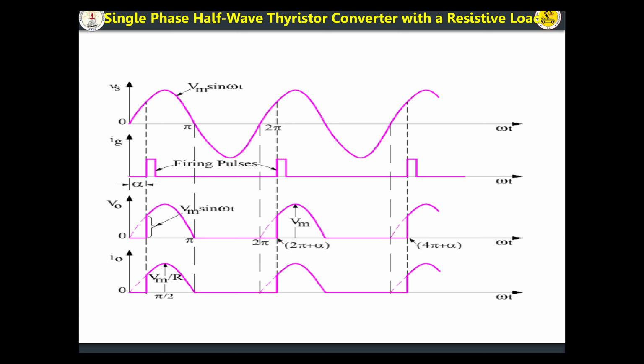Due to the negative half cycle, the SCR will be reverse biased and it will be turned off at omega t equal to pi. So from omega t equal to pi to 2 pi, the load current and voltage will be 0. Again when the positive cycle starts, at omega t equal to 2 pi, the SCR will be forward biased but it will not be switched on until it is triggered, that is at omega t equal to 2 pi plus alpha. See the diagram.